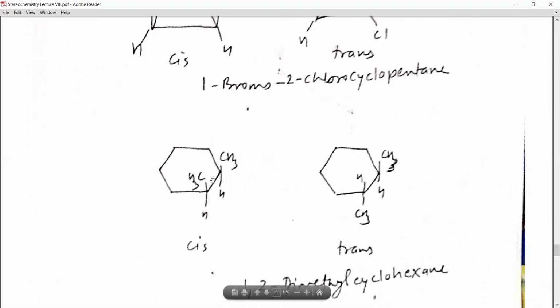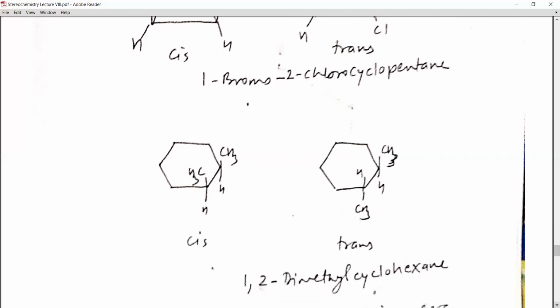In cyclohexane, C1 carbon and C2 carbon, 1,2-dimethylcyclohexane, both the methyl groups are on the same side, so it will be referred to as cis, and in this trans isomer, the methyl groups are on opposite sides, one above the plane and another below the plane.